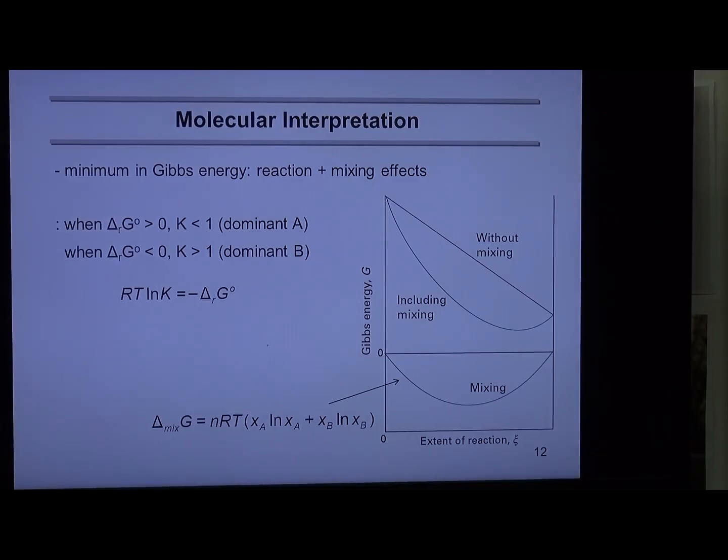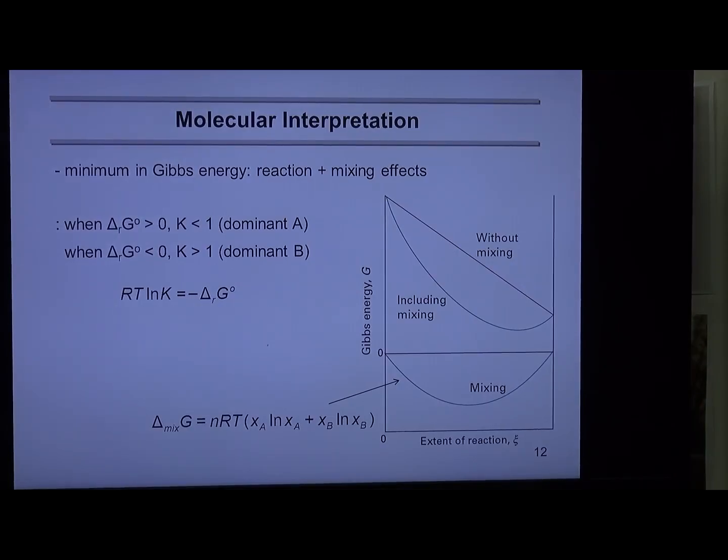And we have learned that Gibbs energy of mixing has this form, okay? So if you plot Gibbs energy of mixing as a function of extent of reaction, it looks like this, right? And mixing is basically based on entropy effect, right? So if you combine entropy term and enthalpy term, we finally get this Gibbs energy change as a function of extent of reaction.